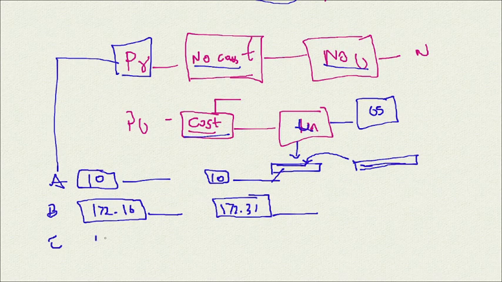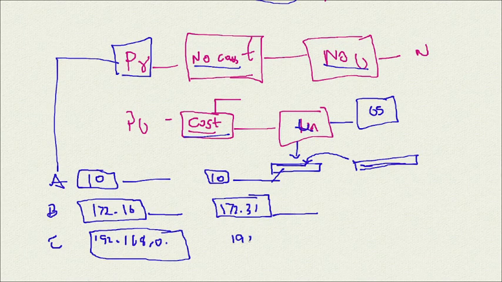Class C means 192.168.0.0, this is the IP address range. 192.168.0, here it changes from 0 to 255.